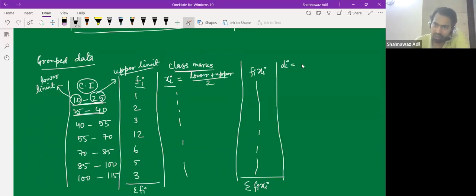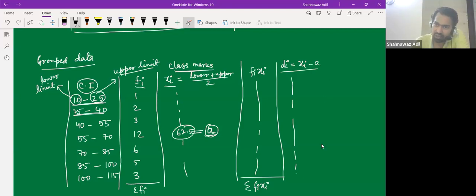We assume, let's say, in here we have 55, so this was I guess 62.5. Let's say that this is the mean. We assume that this is the mean. So this we called A, and di is xi minus A.